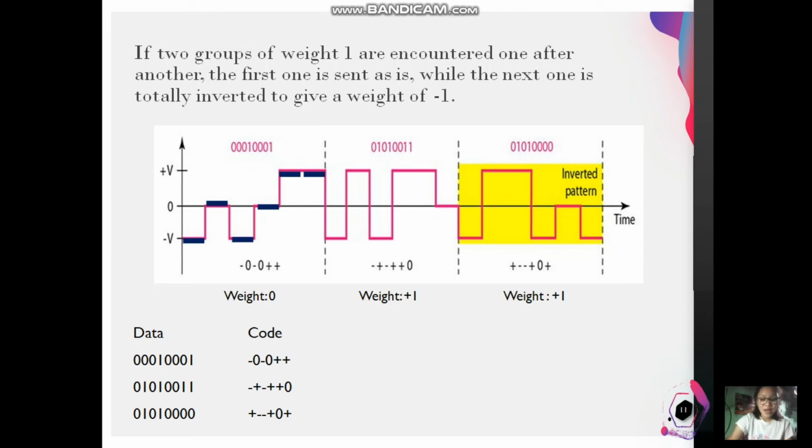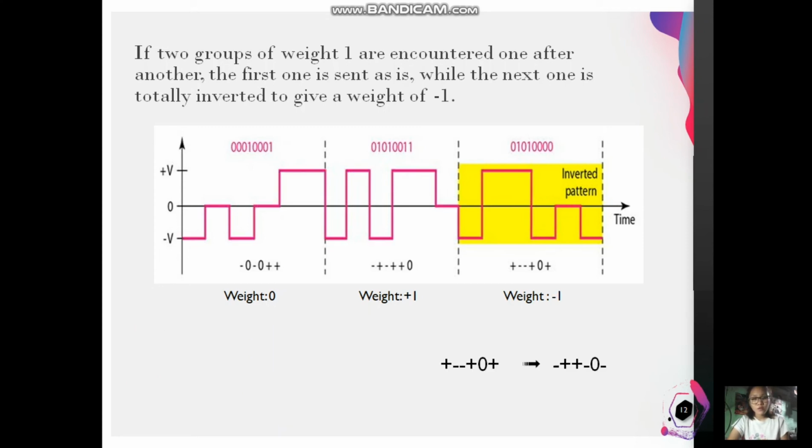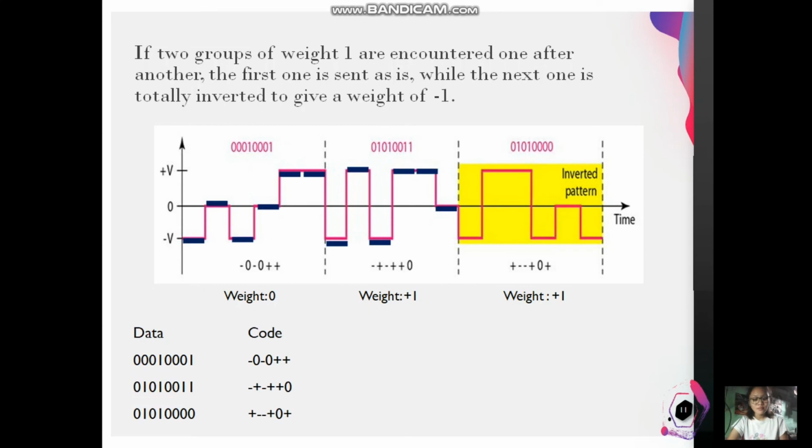The second 8-bit pattern is 01010011, which is encoded as negative, positive, negative, positive, positive, 0, with a weight of +1. Now, the third bit pattern should be encoded as positive, negative, positive, 0, positive, with a weight of +1.